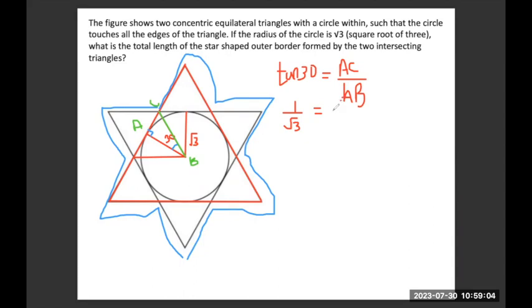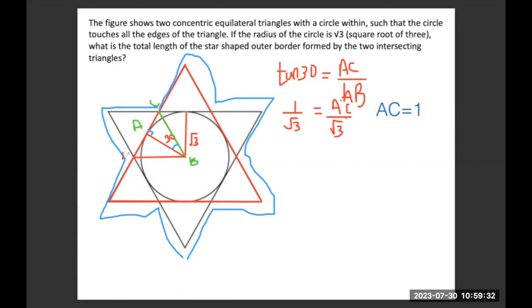Sorry, AC का value I have to find. AB का value I know, √3. So 1 second. AC का value will be 1. AC का value I know is 1, and I'm going to write another point here.